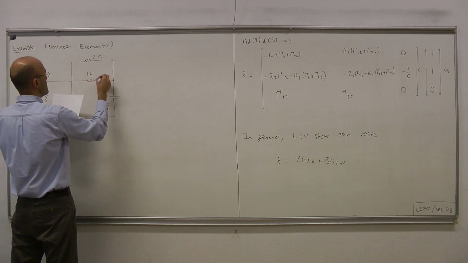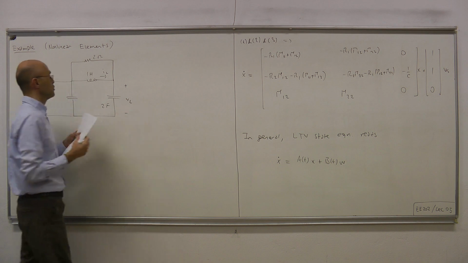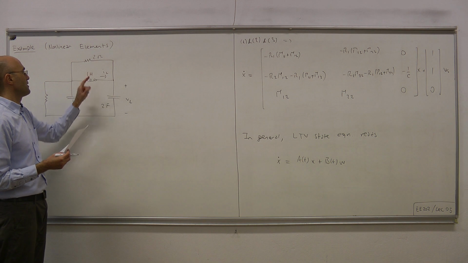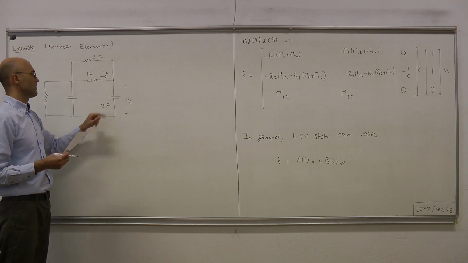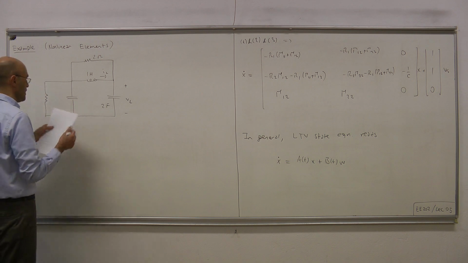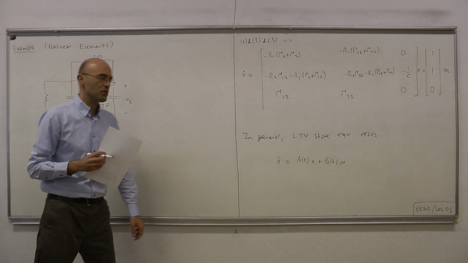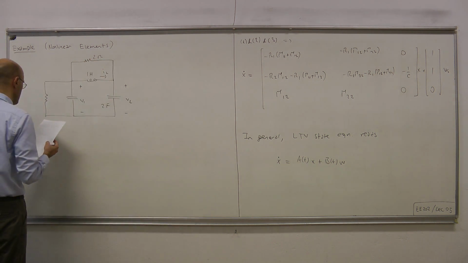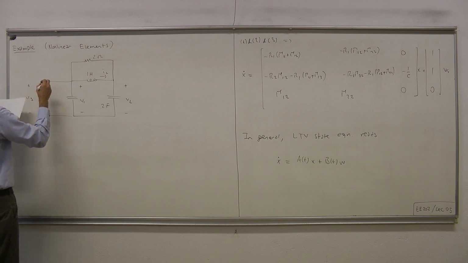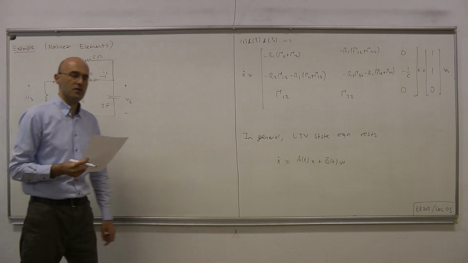Okay, this is IL. This is labeled as V2. So these are linear LTI components: an LTI resistor, an LTI inductor, and an LTI capacitor. But the remaining two components are nonlinear. Here we have a nonlinear capacitor whose voltage is labeled V1. And here we have plus minus V3, I3. We have a nonlinear resistor here.